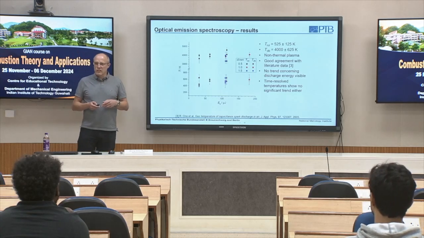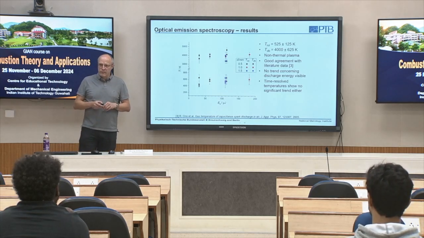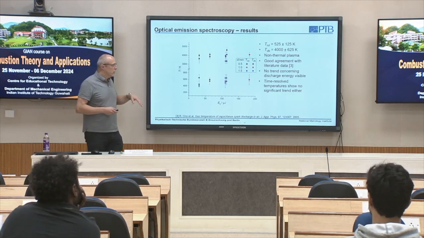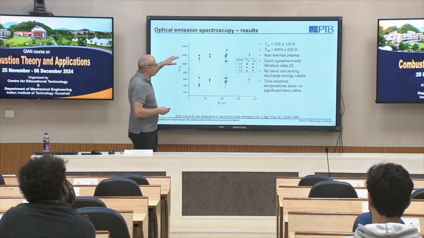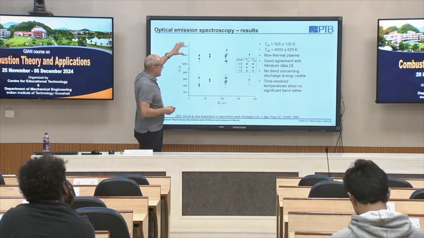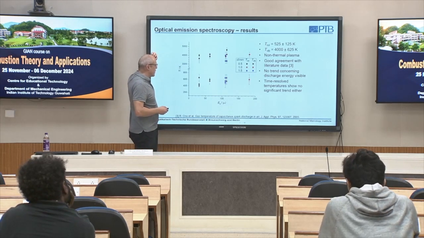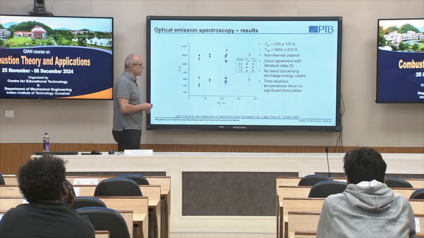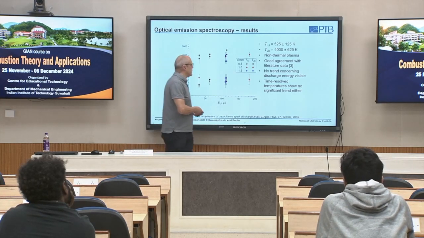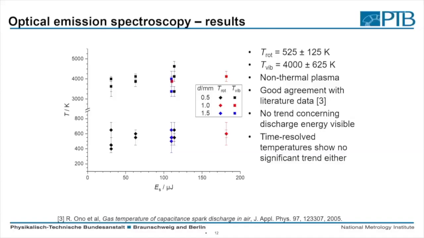And there are often also electron temperatures given in literature, which may have energy levels corresponding to much higher temperatures. So we see here we can vary the distance, we can vary the energy. We see no big influence here.